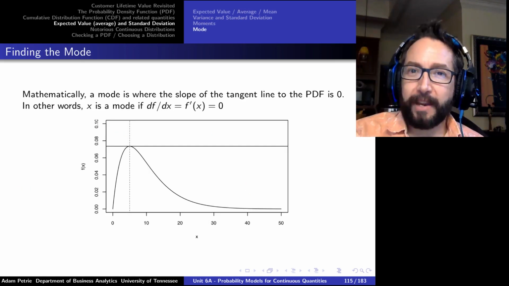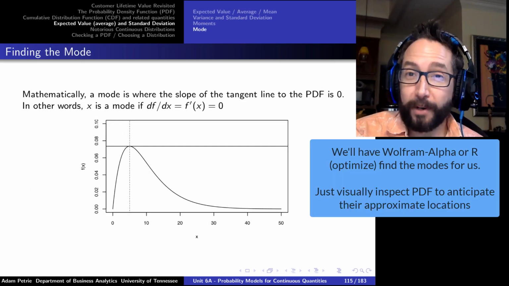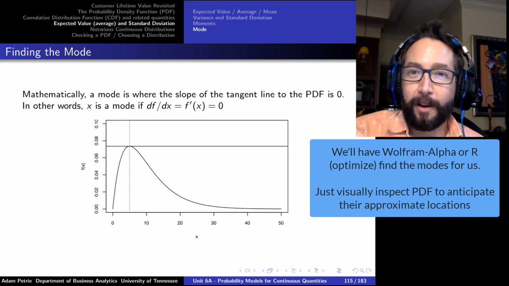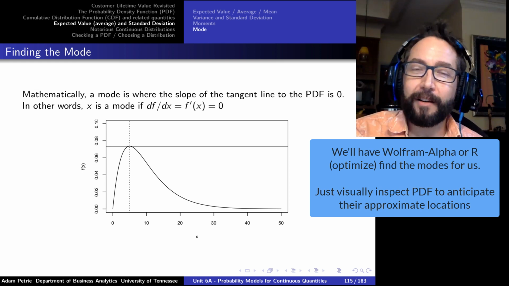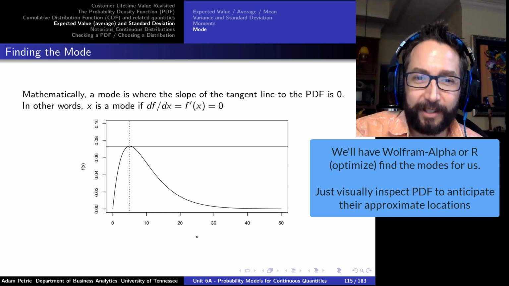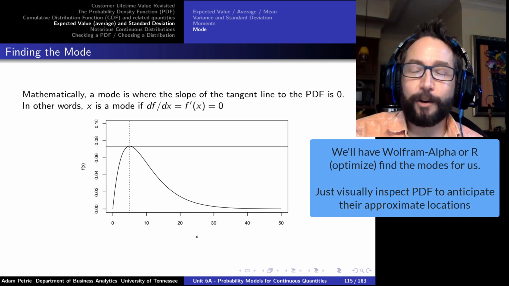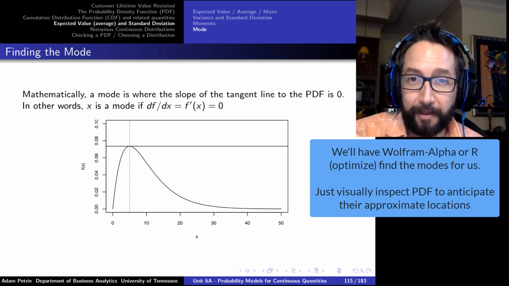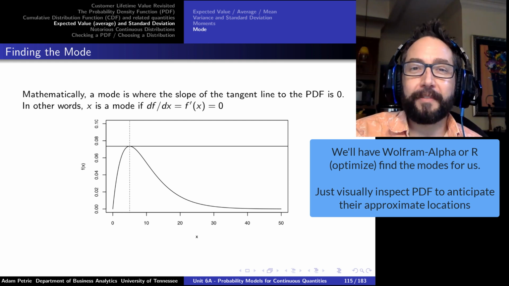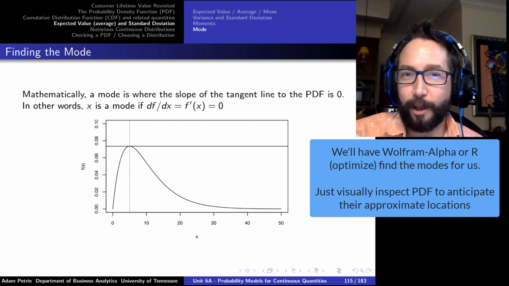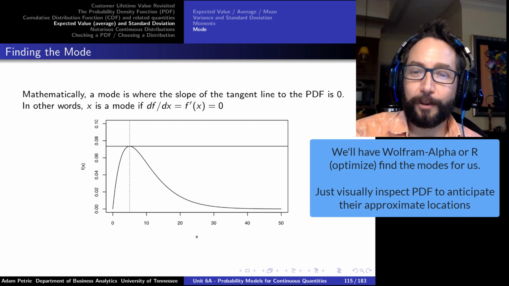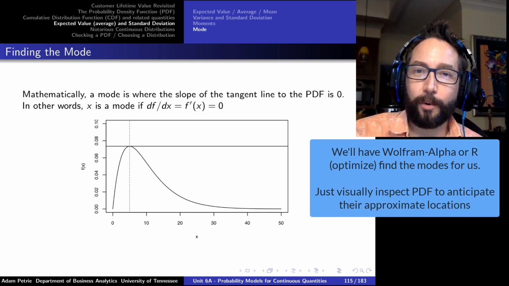So we have a method for calculating where the modes of the distribution are. We can look at the plot of the distribution itself. We can look to see, okay, where does it peak? That's going to correspond to where the first derivative of that PDF is going to be equal to 0, where the slope of that tangent line is 0, because the tangent line is going to be horizontal.